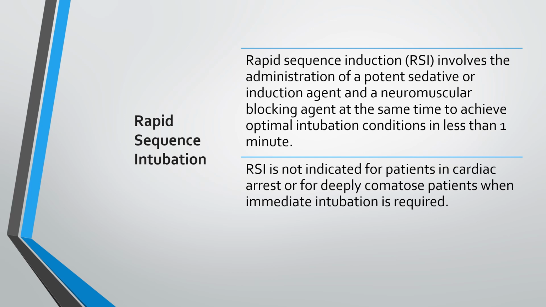The rest of RSI uses a neuromuscular blocking agent, aka a paralytic, at the same time, more or less. We typically want to give our sedative prior, not a whole lot of time, but very much sooner.